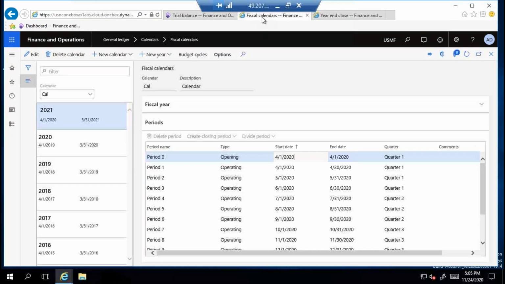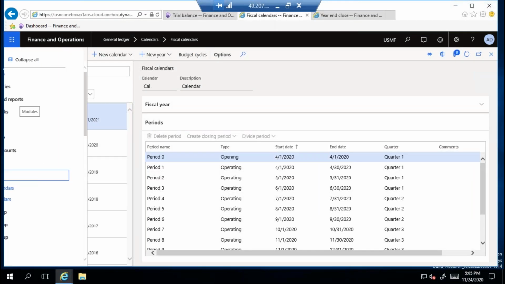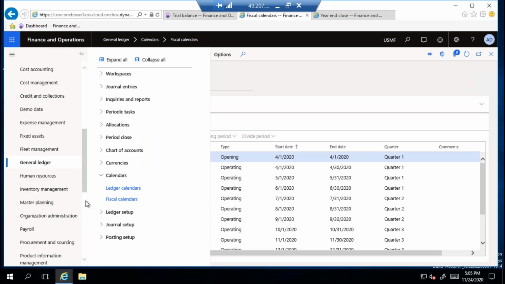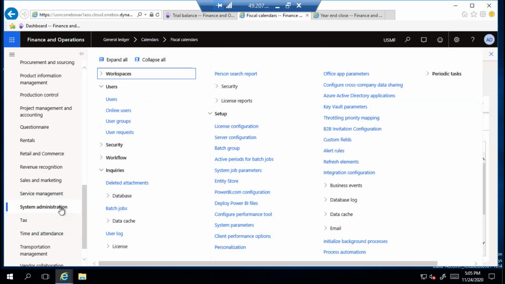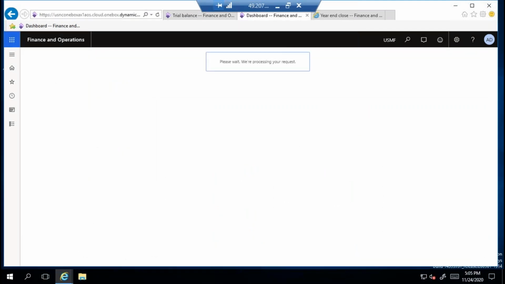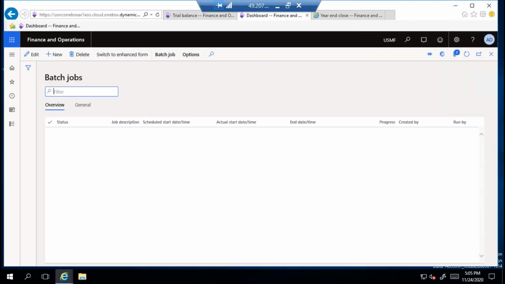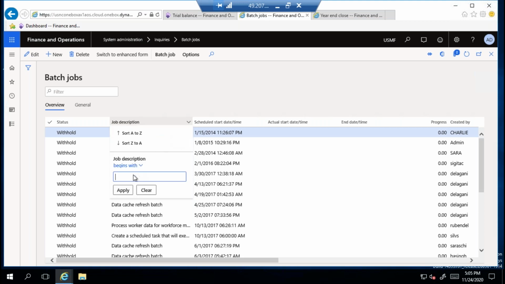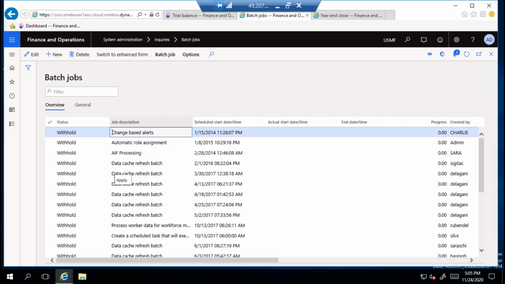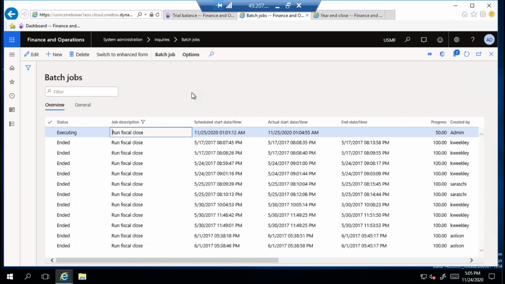That batch job you can see from System administration, Batch jobs. So this is run fiscal year, sorry, run year-end process. If I enter this, run and apply, it will show the job.